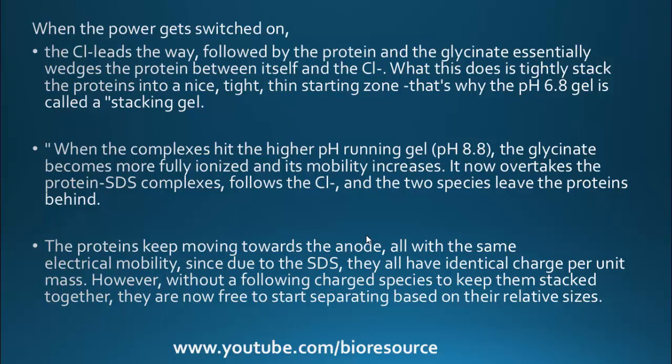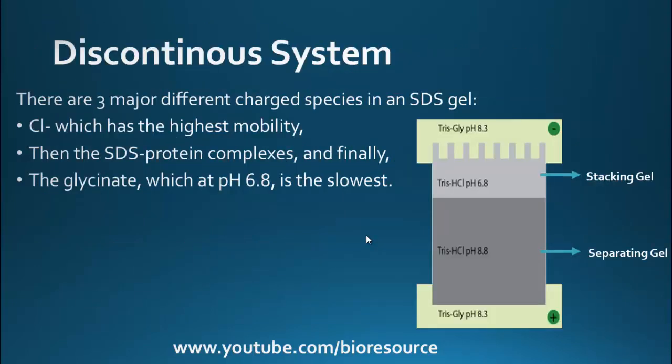So the important thing to consider here is the presence of two different buffer systems and the presence of Tris-glycine buffer as a running buffer. The glycine, the amino acid, is a zwitterionic form at its isoelectric pH, and at lower pH it becomes positively charged, and at higher pH it becomes negatively charged.